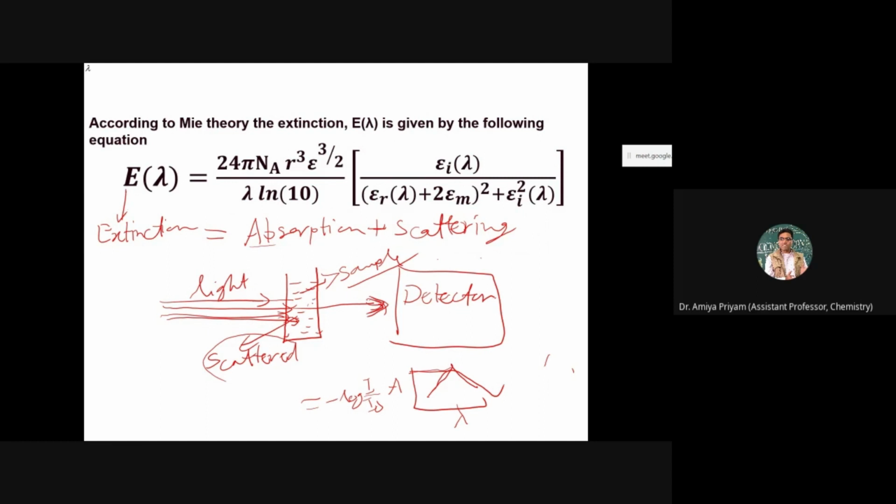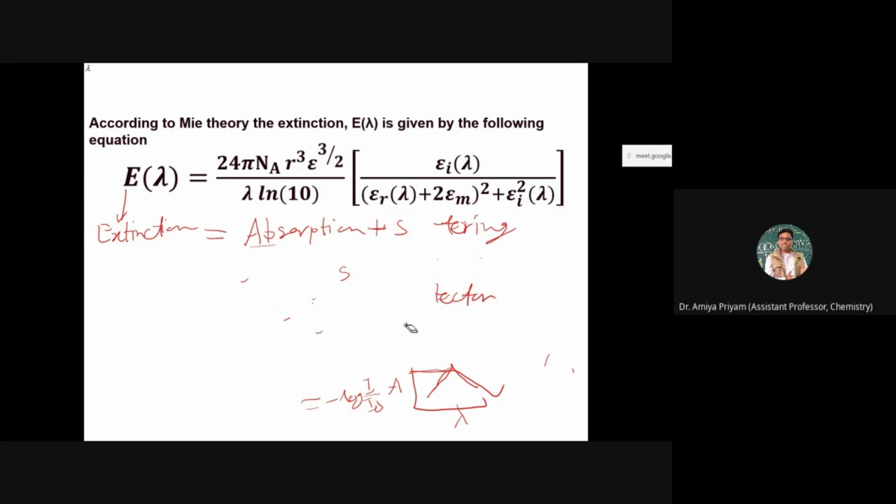So this is combining both. To be more scientific in your explanation, we take both things into account, the scattering and absorption. The extinction of these metallic surfaces that we are talking about also depends on the interface that it has with the surroundings.